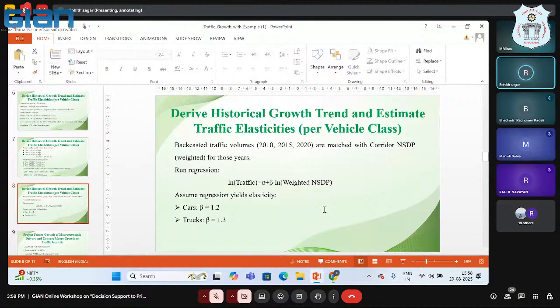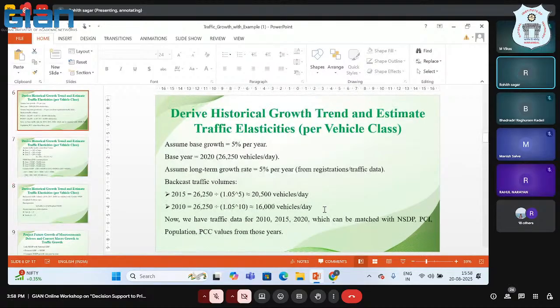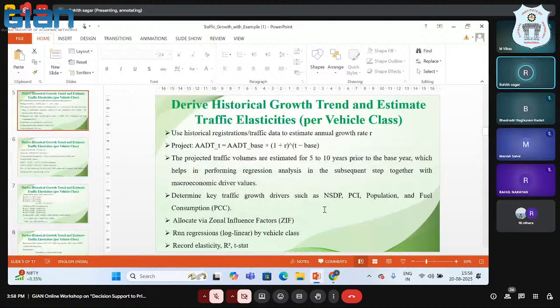These elasticities prove that macroeconomic variables are connected to traffic growth rate. We need to note the elasticity values, R square and T star values. We do regression so that we get R square and T star values, to see the significance, that is, whether this NSDP is really significant to our calculation or not.